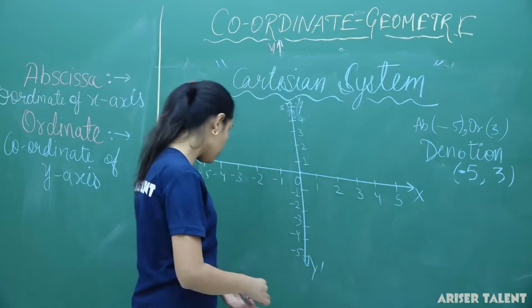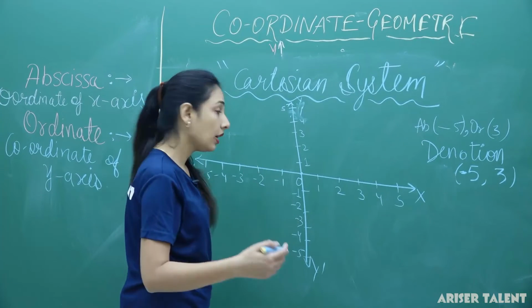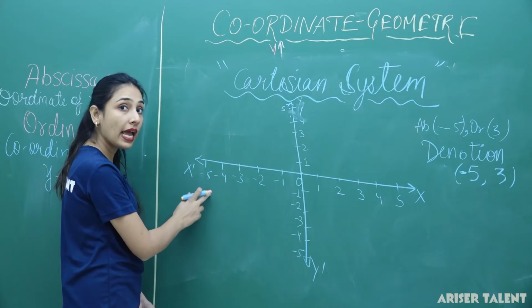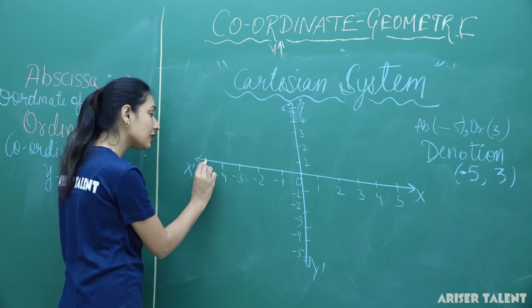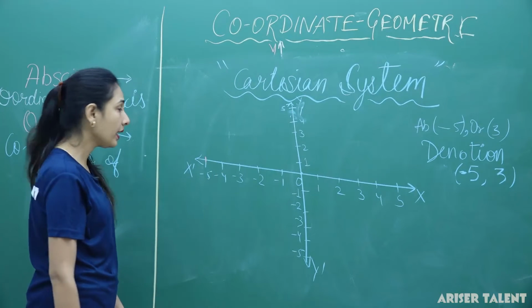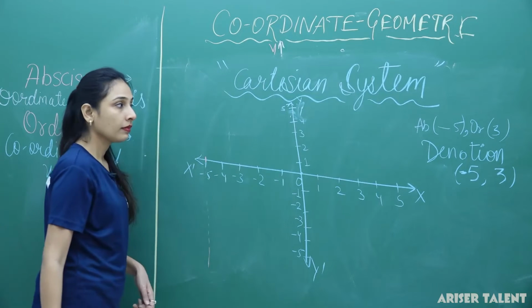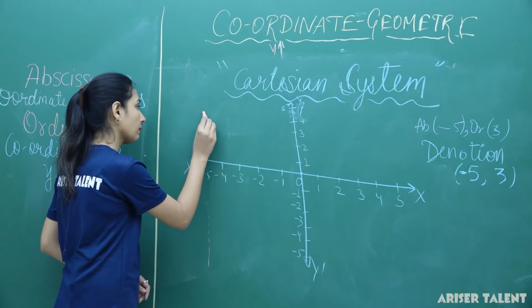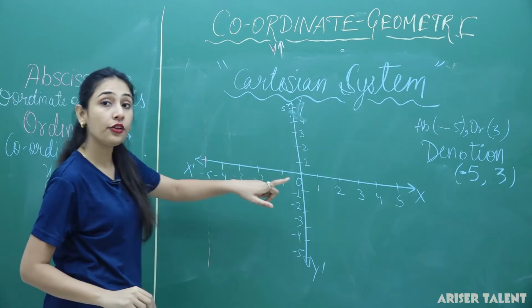So -5 is the abscissa. Now, the abscissa will be on the x-axis. This is the x-axis, X O X dash is the x-axis. So -5 will be here. This is -5. So just draw this perpendicular line. Now, +3 is your ordinate.